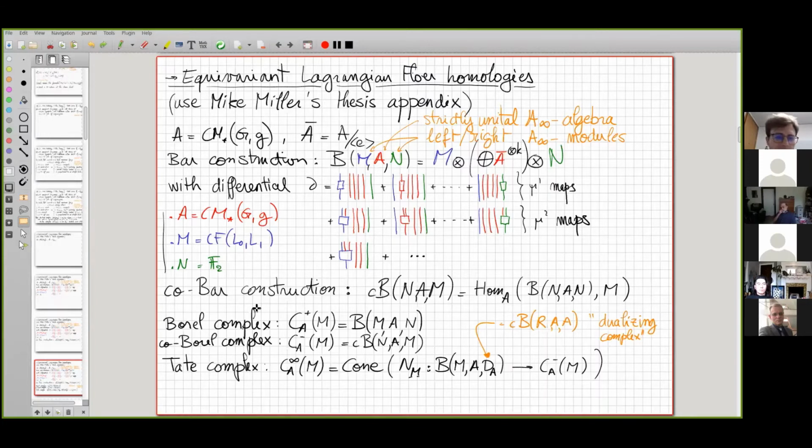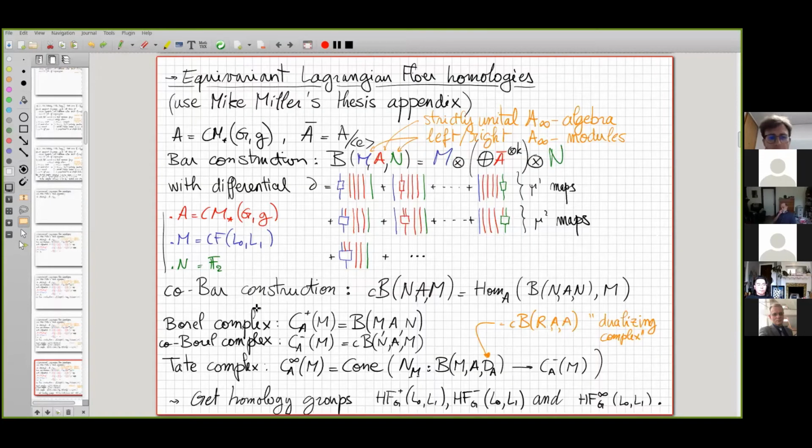The upshot is, in these circumstances, some algebraic construction will give you three homology groups. That's analogous to the different flavors of Floer homologies, for example. Are there questions so far? No? Okay, so I'm going to continue.